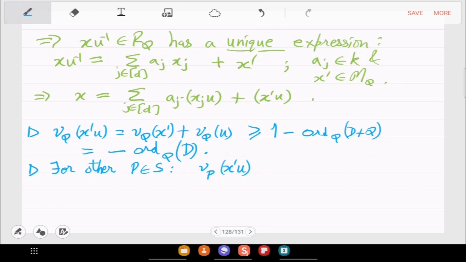So the valuation of x prime u has to be, can I say at least x? I can, right?